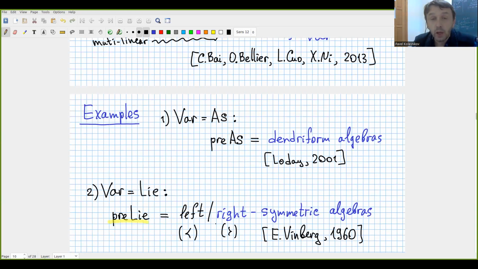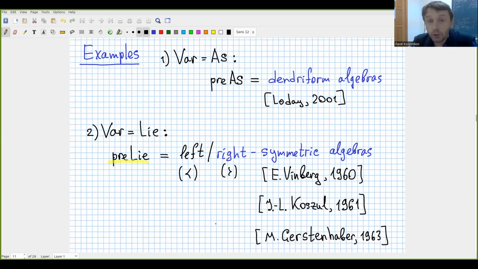For example, associative algebras. If we apply dendriform splitting to associative algebras, then what we obtain is exactly what was called by Loday dendriform algebras. But I have already used dendriform as a generic title for all this theory. So dendriform algebras are pre-associative algebras exactly.